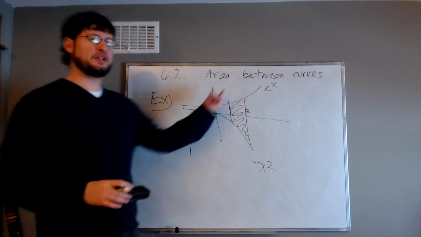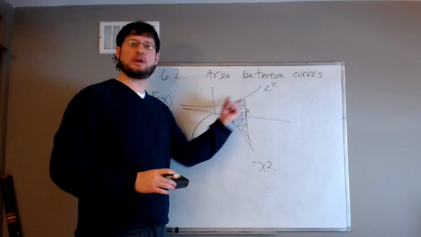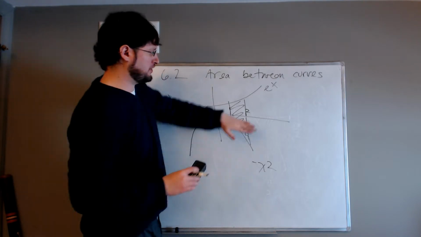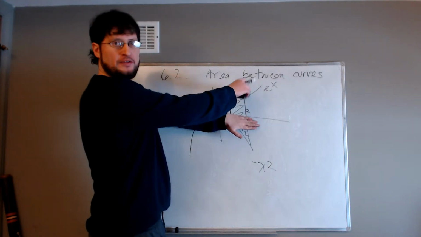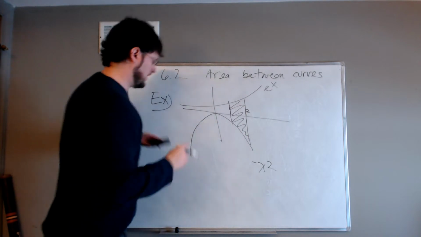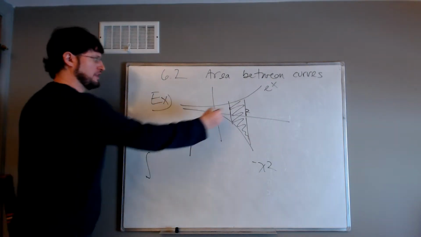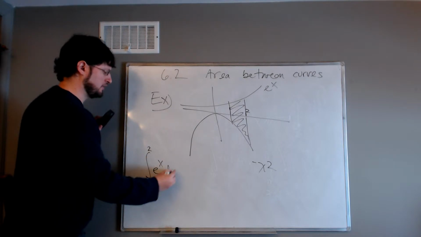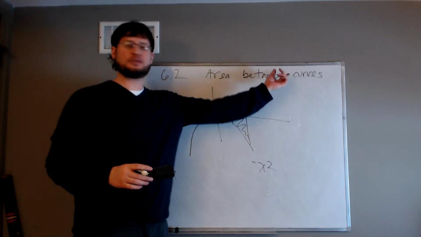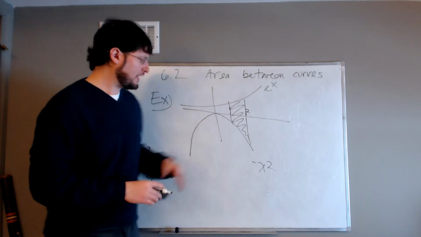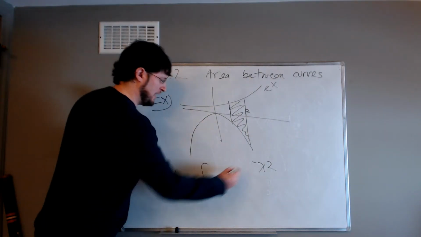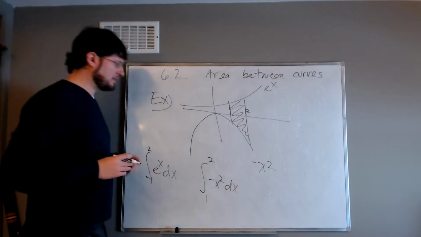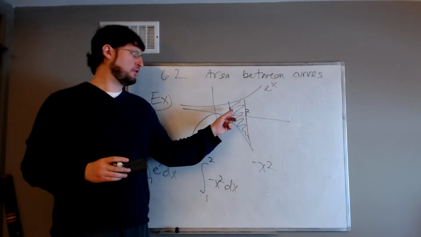The area between these curves, between 1 and 2. Now we can do a couple of things here, right? So I could actually just take this area that's above the x-axis, and I could just say, well, that first area is just the integral from 1 to 2 of e to the x. Area under e to the x between 1 and 2. The second area, I could integrate negative x squared from 1 to 2 as well, but that's going to be a negative number because it's below the x-axis.